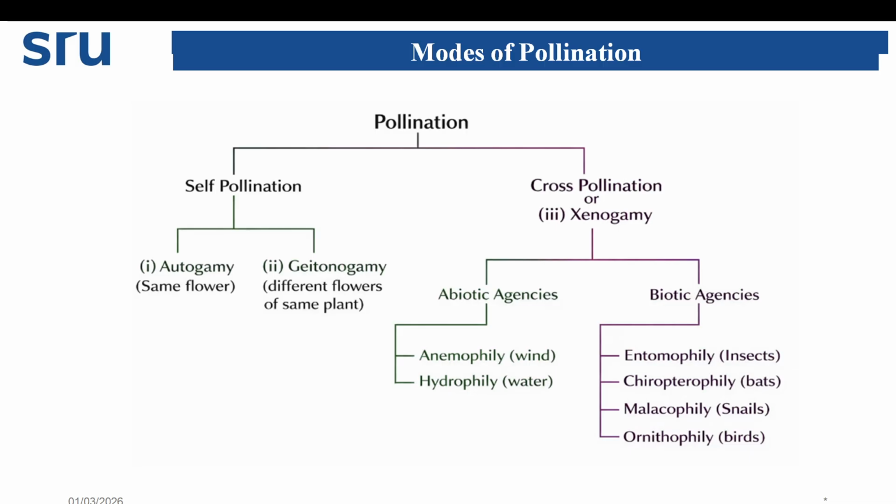The second type is biotic agencies. There are four different agents: insects, that is entomophily; bats, that is chiropterophily; snails, that is malacophily; and last, birds, that is ornithophily. So this is the brief classification of pollination.